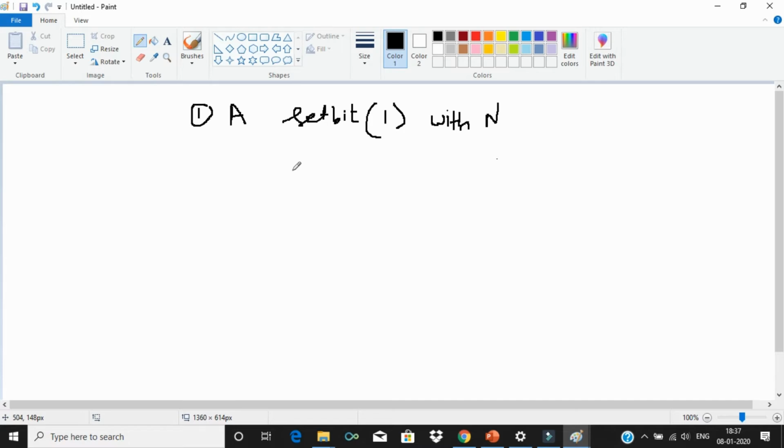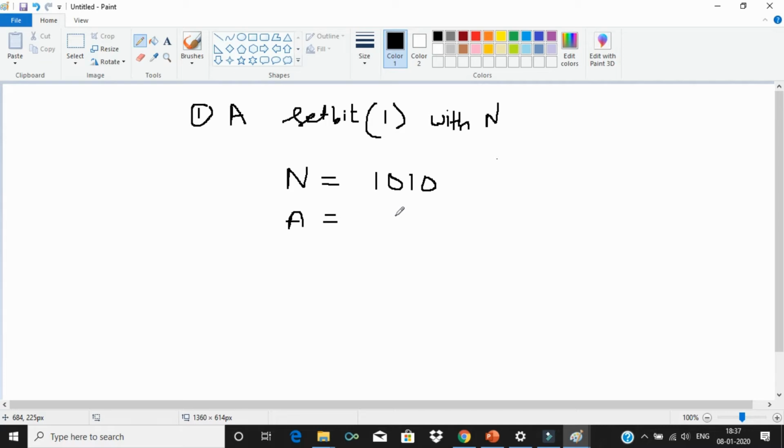As per the example, let's take N to be some number, let's say 1010, which is the bit representation of 10. As I said, there should be at least one common set bit with N, and now we take A which has no common set bit.